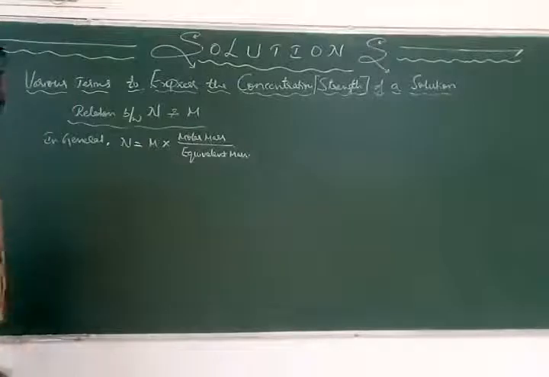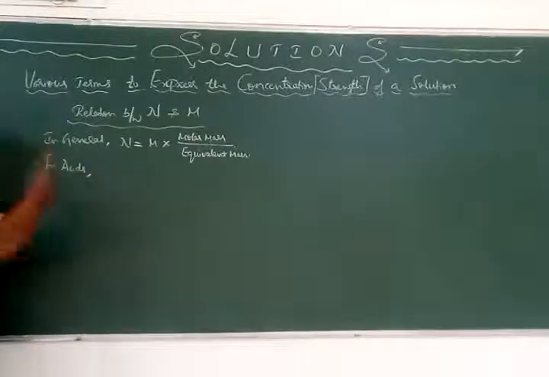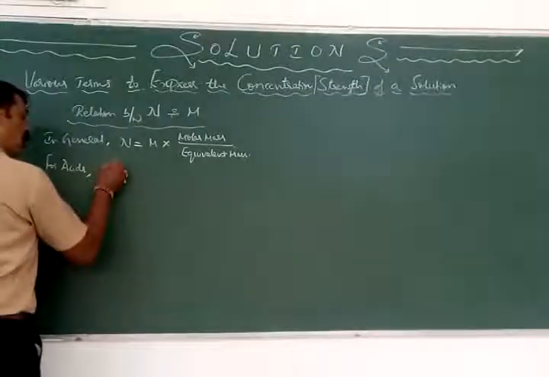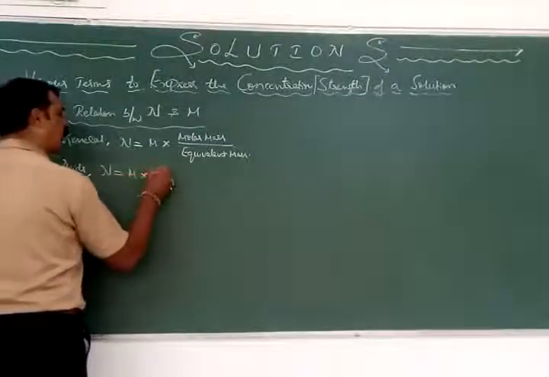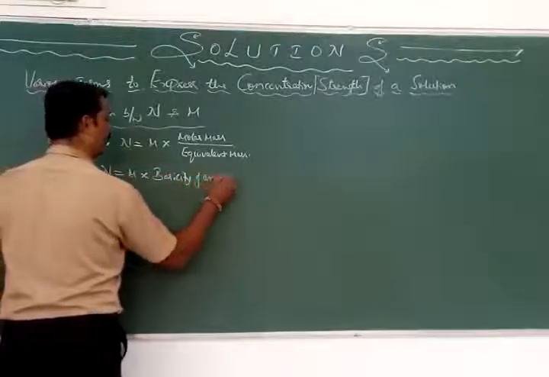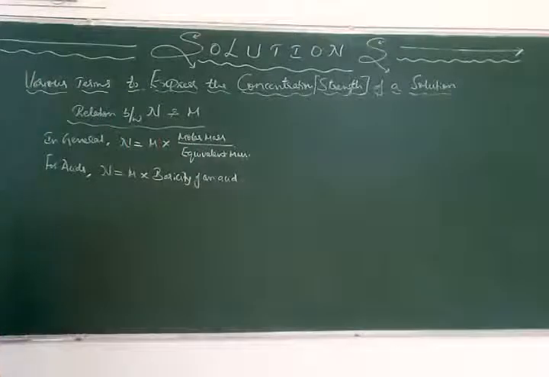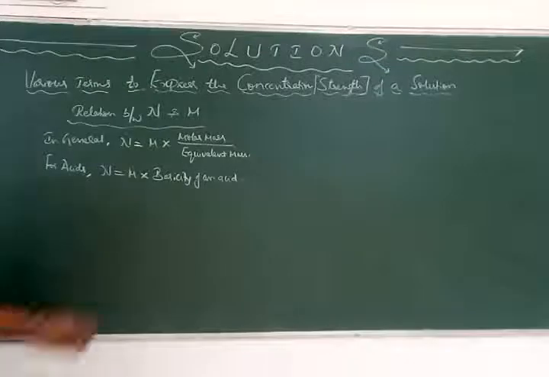Strictly for acids, normality is equal to molarity into the basicity of an acid. Previously I mentioned what basicity is: the number of replaceable H plus ions present in one molecule of an acid.